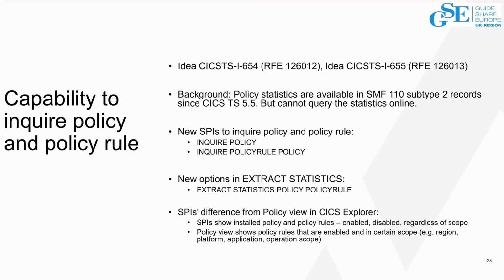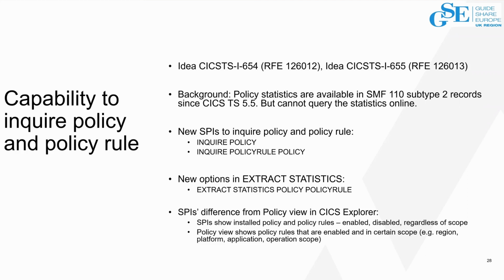So we had requirements to be able to inquire using the SPI on policy and policy rules, and also an RFE to be able to use an extract to get the statistics for a particular policy rule.